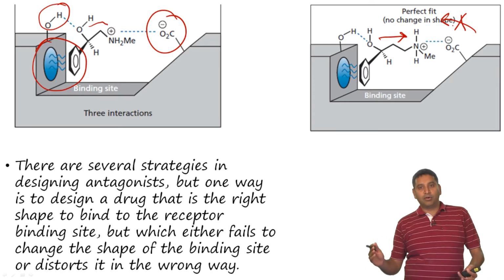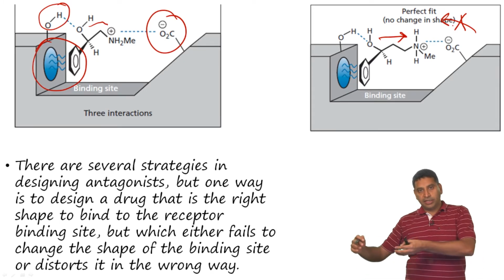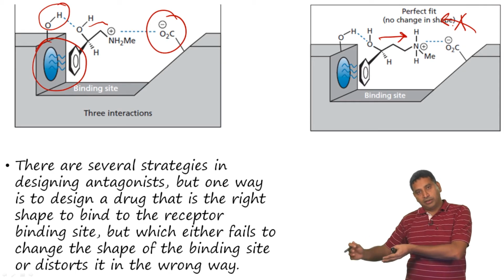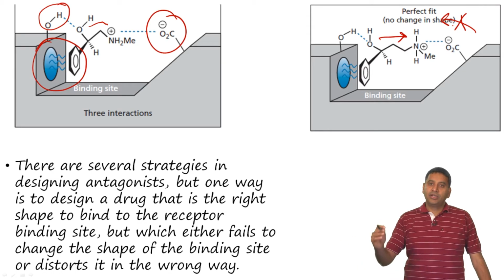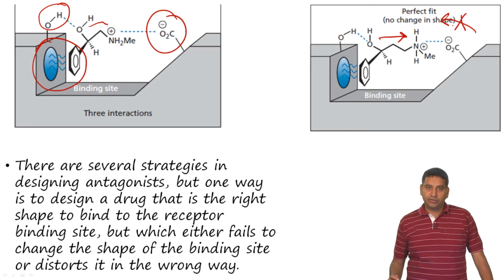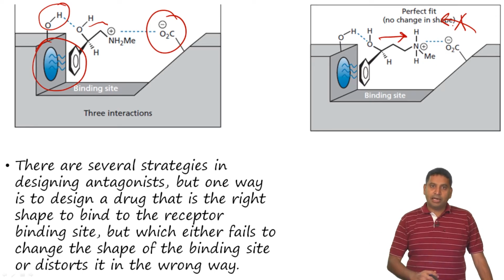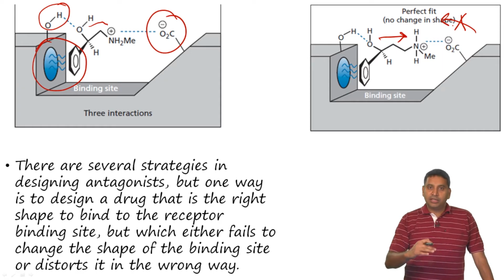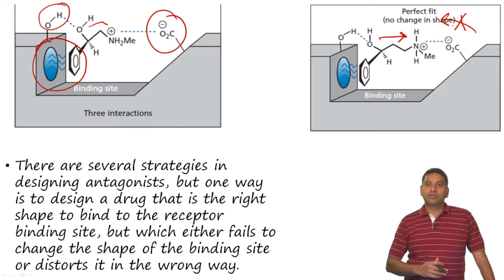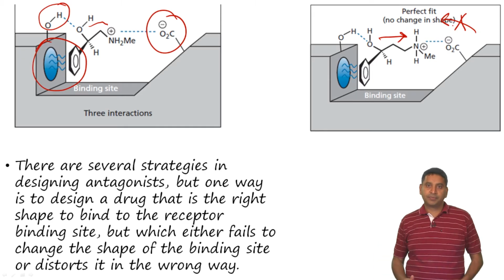If that conformational change does not happen, then the downstream effects do not occur. So, this is one way in which you could design an antagonist. To recap, we need to design a molecule that does not induce the conformational change, yet binds to the receptor site.